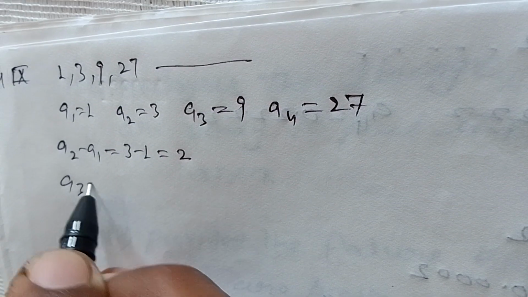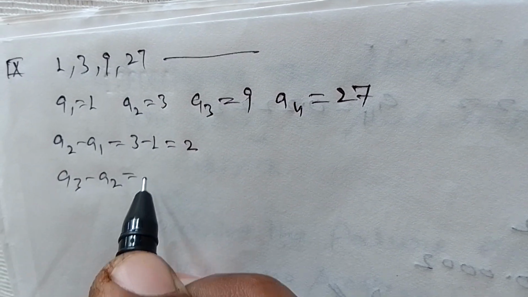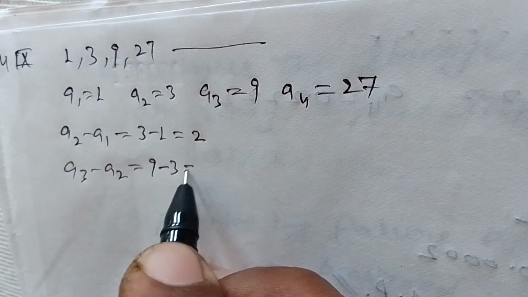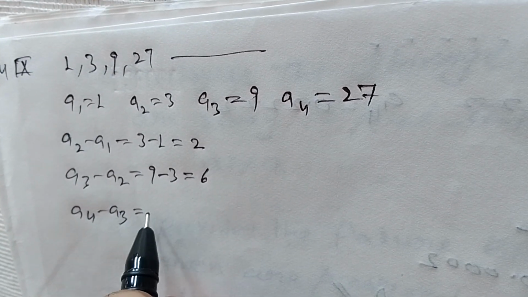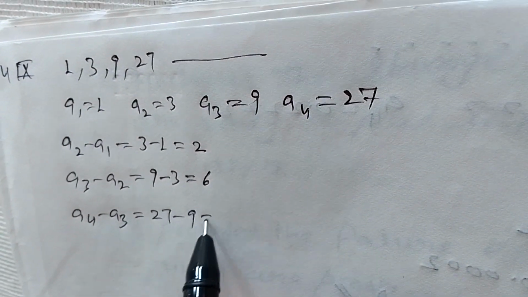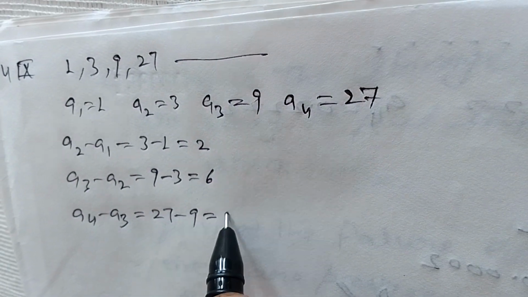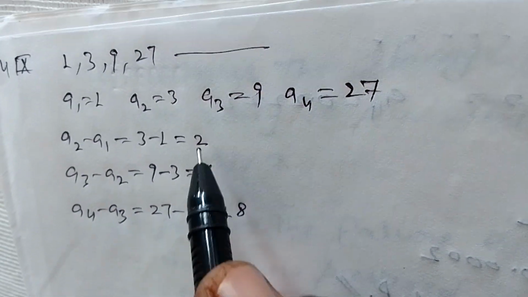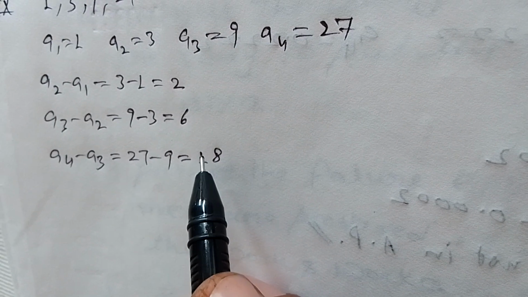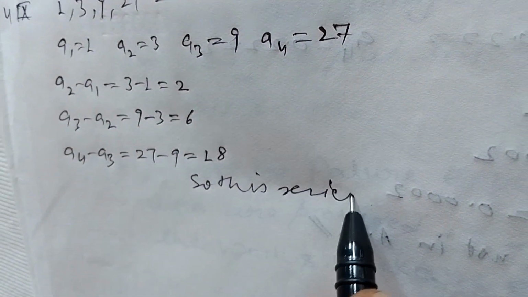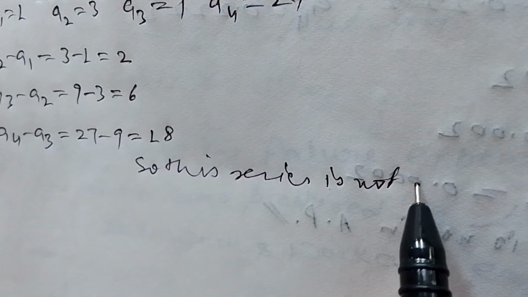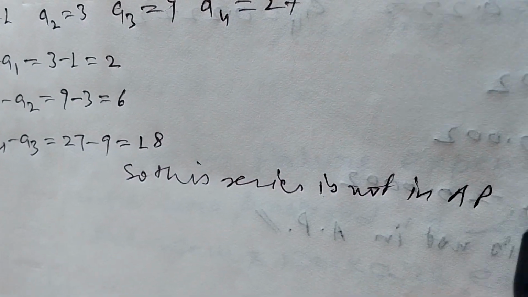A3 minus A2 is 9 minus 3, that is 6. A4 minus A3 is 27 minus 9, that is 18. So here the common difference is not common, so this series is not in AP form.